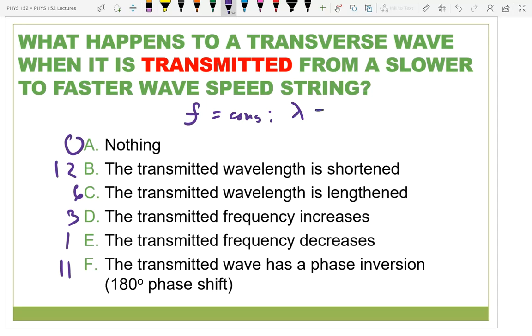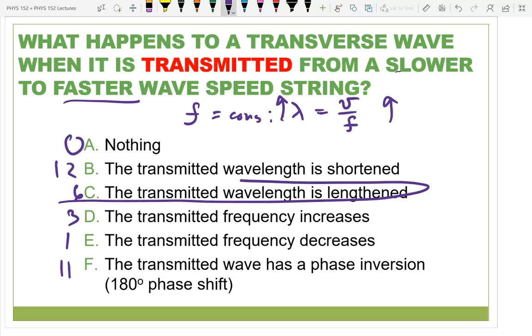So wavelength is equal to the speed over the frequency. And so for a transverse wave transferred from slower to faster, if speed goes up, what has to happen to wavelength? It also has to go up. So these 6 were the correct ones. Because it goes to a faster speed, the wavelength goes up.